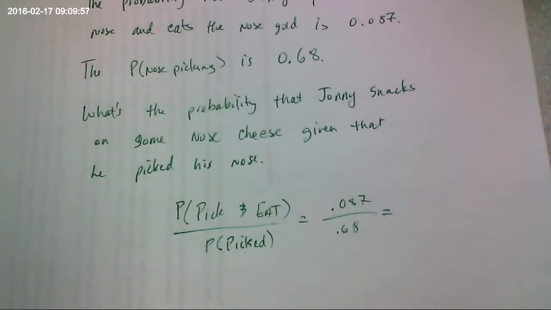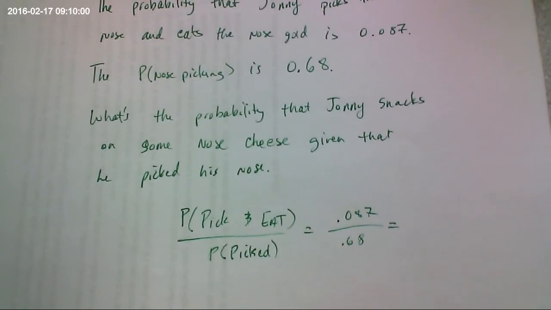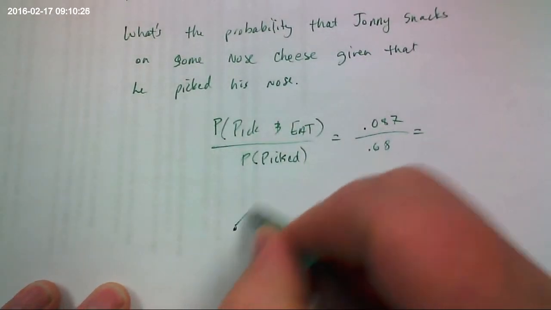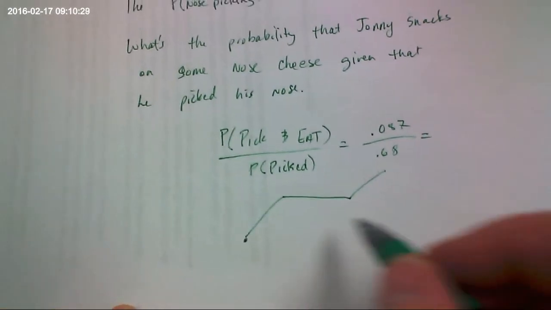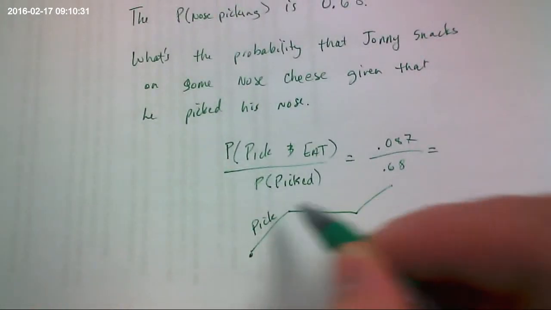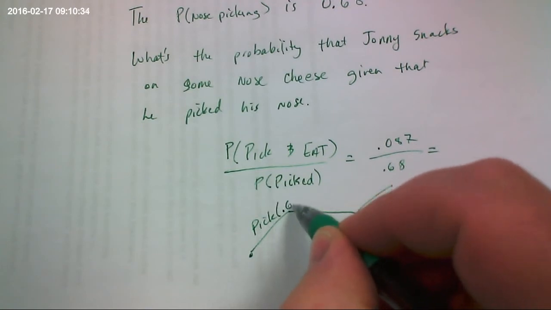All right, Jubin. Is that how you did it? Alexis, is that how you did it? This right here. Did you draw the tree diagram? Did you put the numbers where they belong? Your tree diagram would look like this, right? You got the picking, which would be 0.68.